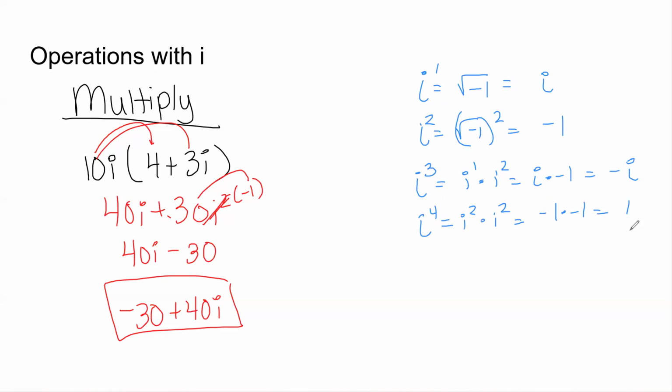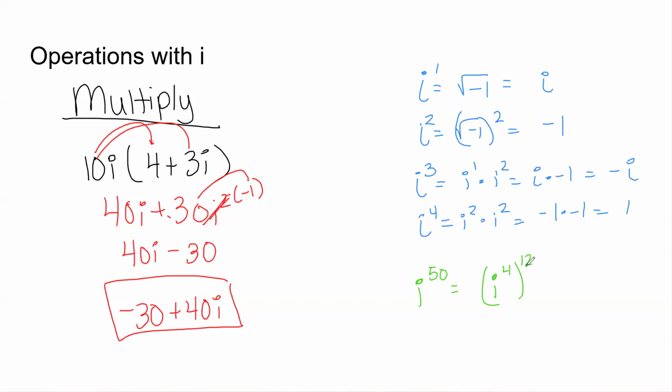So i only goes like that. It just repeats and repeats and repeats. So for example, if I were to do i to the 50th, I would say, how many 4s can I get out of that? That's really i to the fourth. And why do we pick the fourth? Because it's 1. 12 times, right?